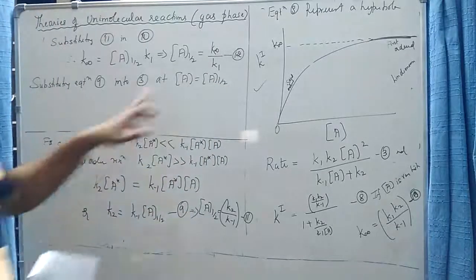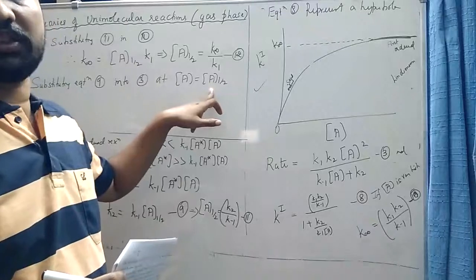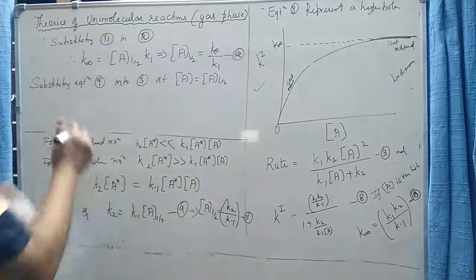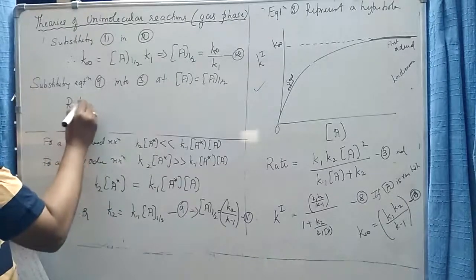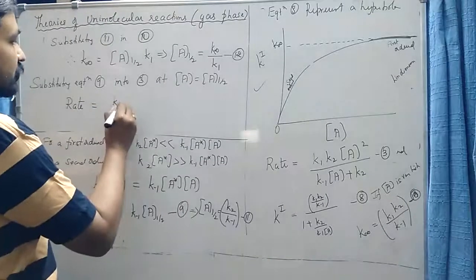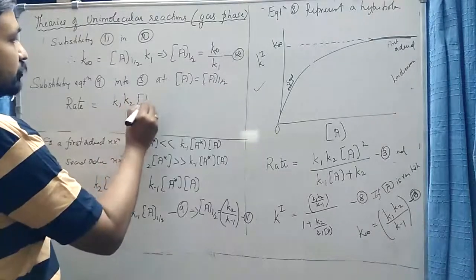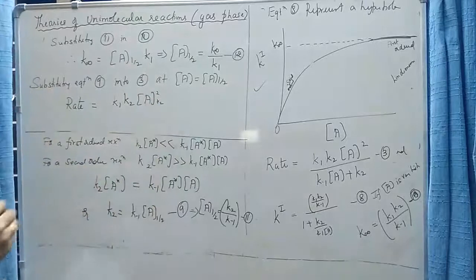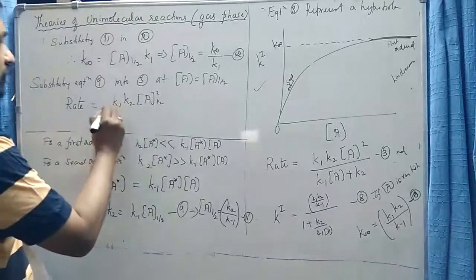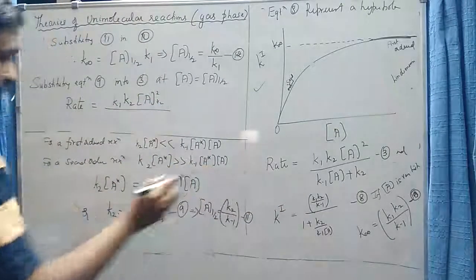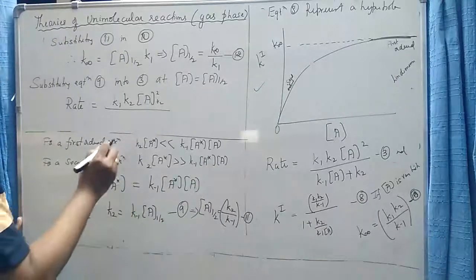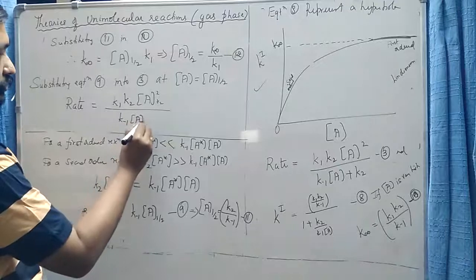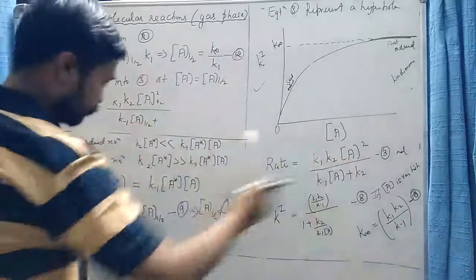When the concentration of the reactant has reached this particular concentration, which represents a transition point, then what happens to the rate? In that case, rate is equal to K1 into K2 into A half square, divided by K minus 1 into A half plus K2.